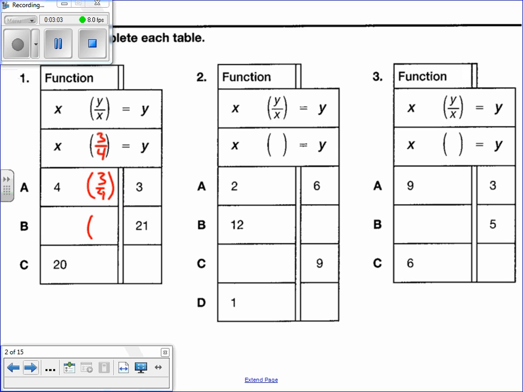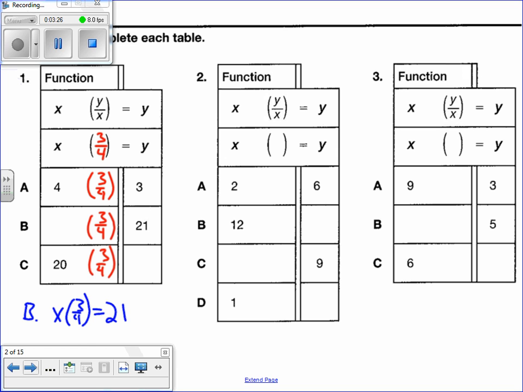So I'm going to put that in every one here. I know that has to go in every one. Now the next thing I need to do is solve for my missing x and my missing y. Now B, I'm just going to bring that down here quick. That's really x times 3/4 equals 21.